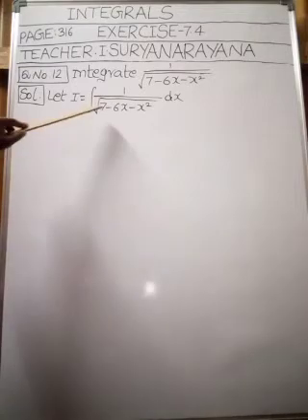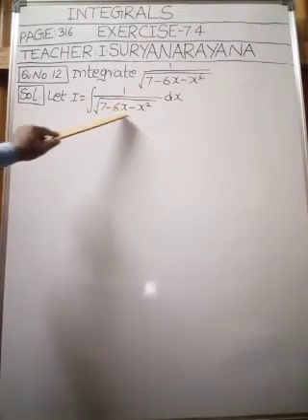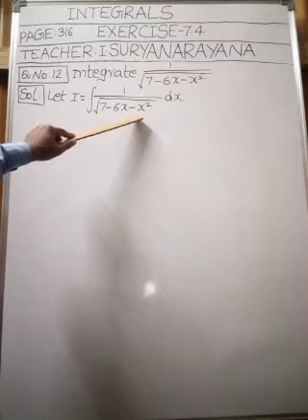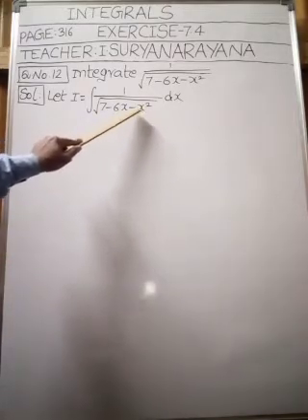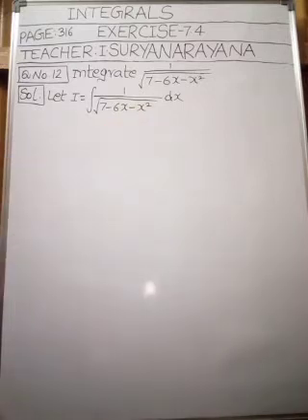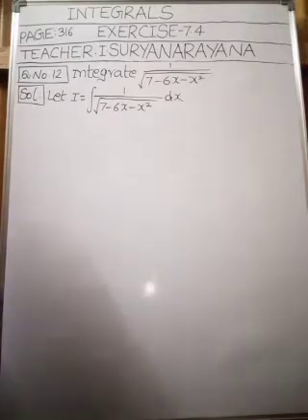If you observe, in the denominator it is a quadratic expression in x. Okay, my children? And moreover, here coefficient of x square is minus 1. First, what I said, we have to make coefficient of x square 1. But here coefficient of x square is minus 1. Okay, my children?